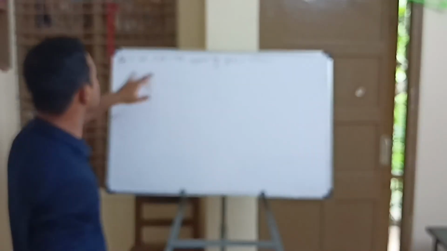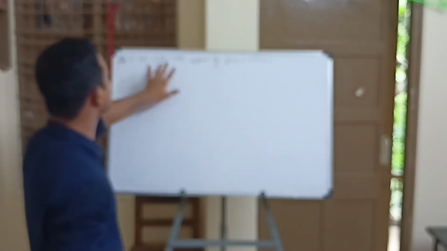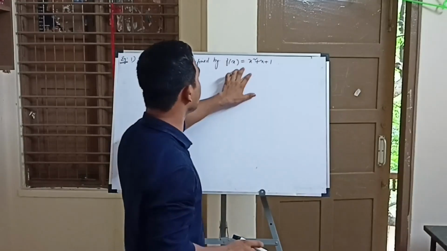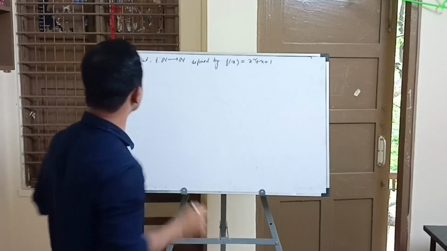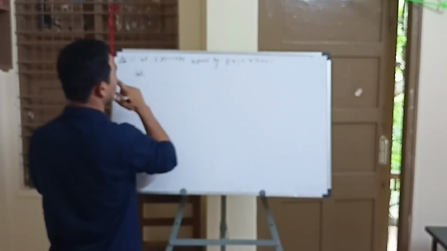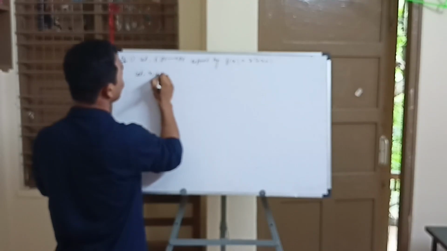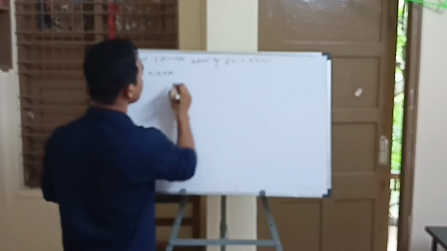Moving to other examples. Let f be a function from N to N defined by f of x equal to x square plus x plus 1. We will say whether this function is one-one or not. Correct? For this, we use only the definition. We will first take two distinct numbers in the domain.